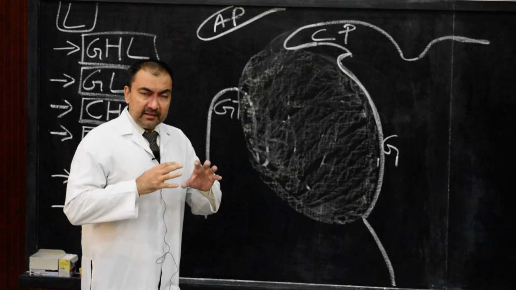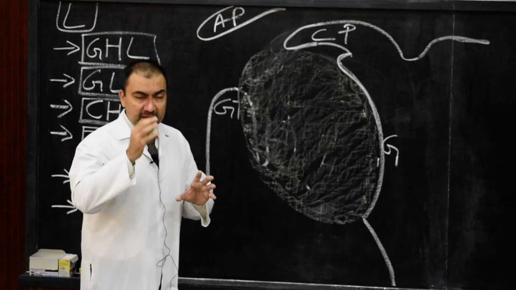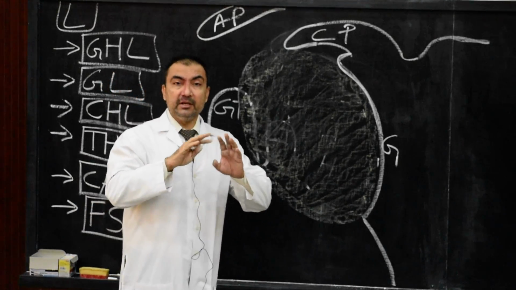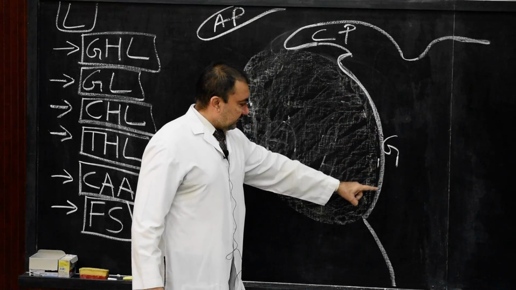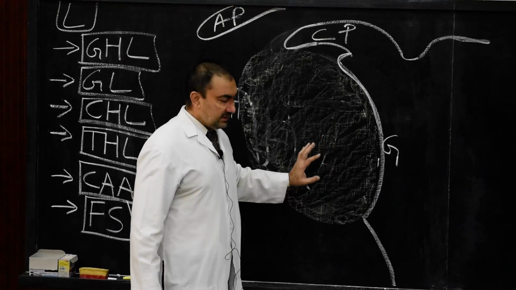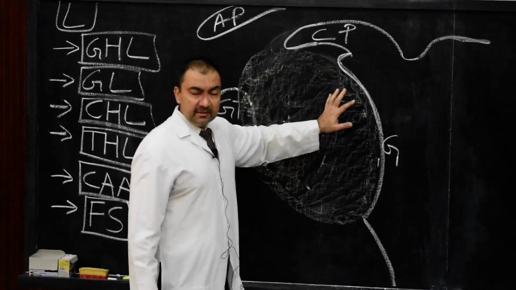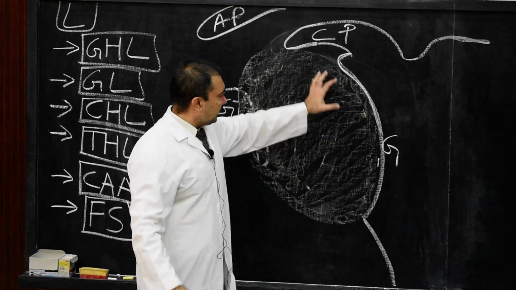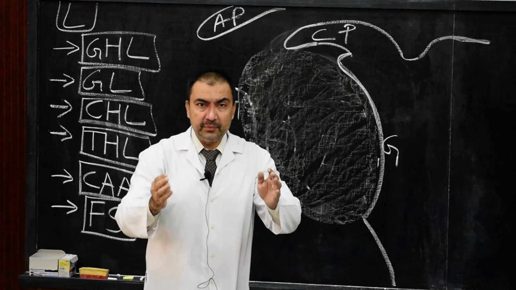That means they are attached above to the superior-medial margin of glenoid cavity, and they will be attached to the glenoidal labrum. Glenoidal labrum is attached here, that we are going to discuss.